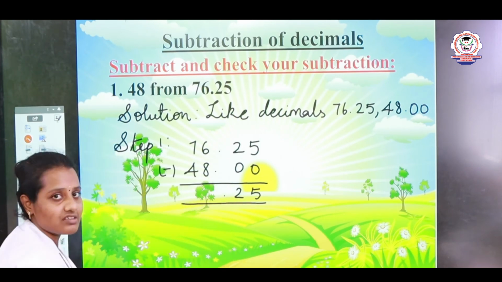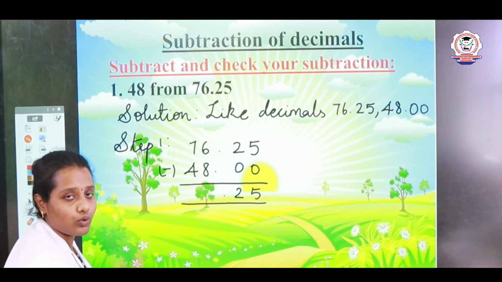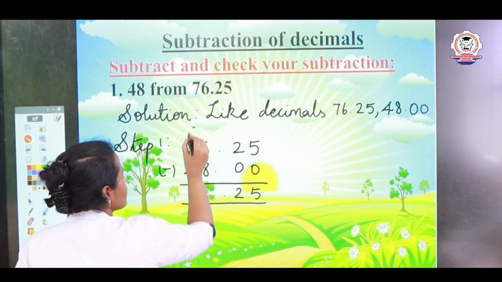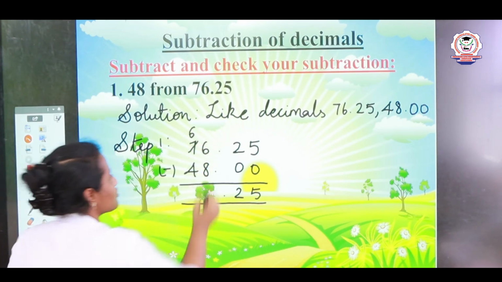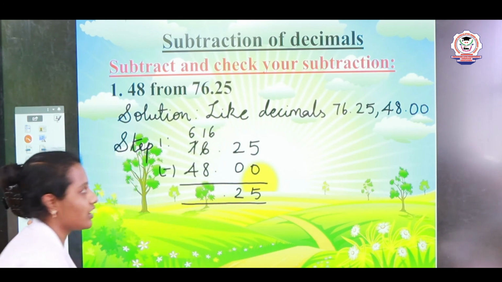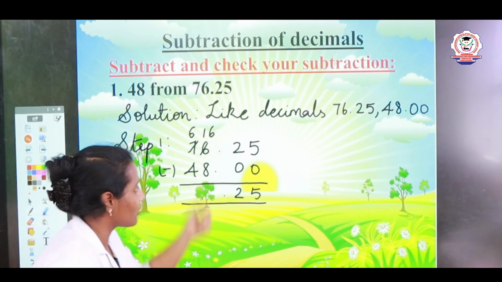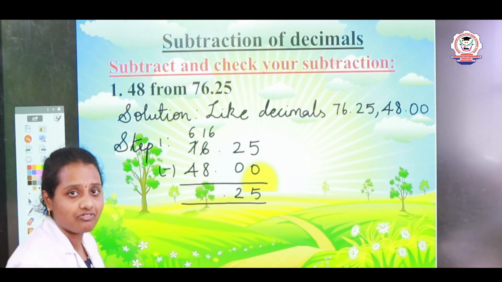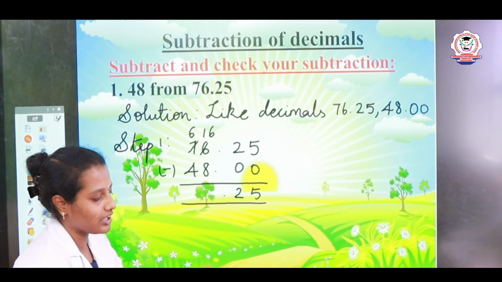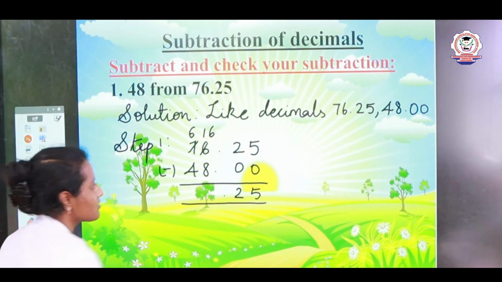Next, 6 up and 8 down. 6 is smaller than 8, so you want to borrow from the number before. So 7 will change to 6 and the 6 will change to 16. Now keep 8 in your mind and leave the fingers to get to the number 16. 8 after 9, 10, 11, 12, 13, 14, 15, 16. So we have 8 fingers. So the answer is 8.